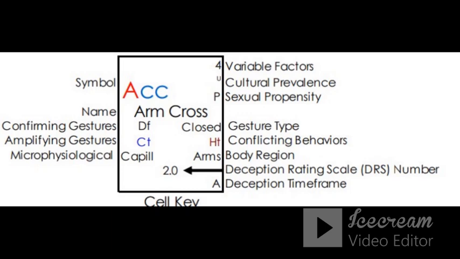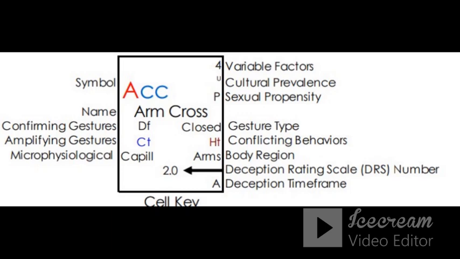Going back to the other part of variable factors, cultural prevalence, sexual propensity, we'll cover that in the future as I progress on this breakdown. The gesture type means, is it open, are they welcoming you in, or are they closed off?